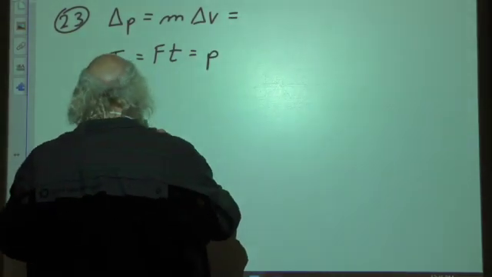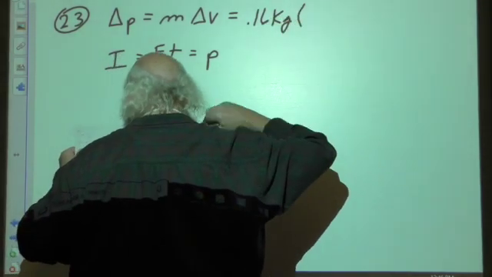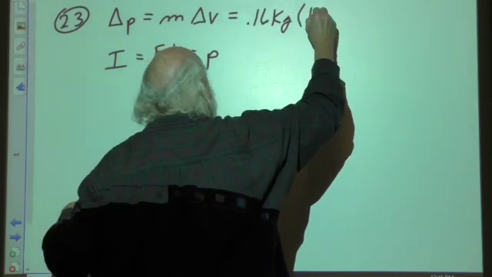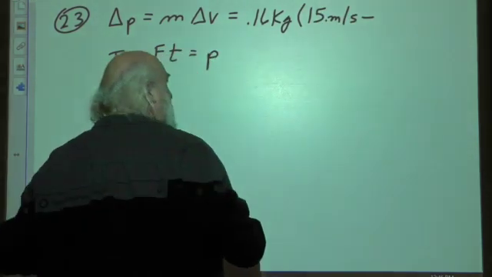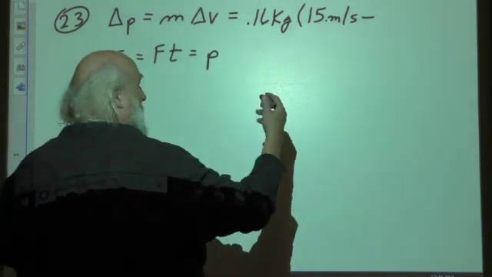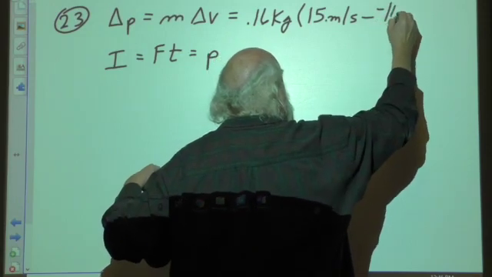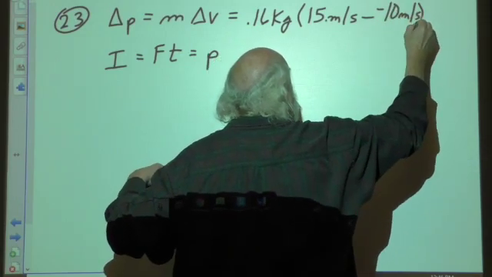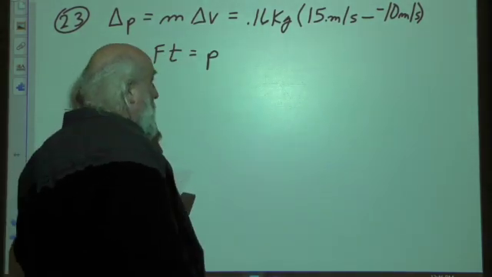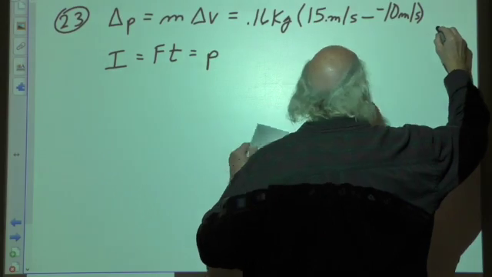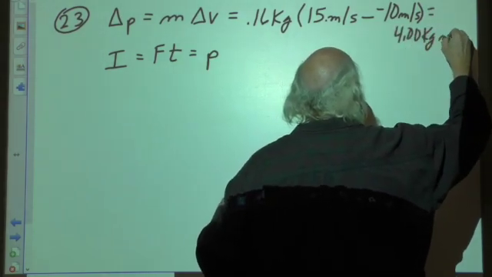The mass of the baseball is 16 kilograms, and the change in velocity: it's being thrown at you at 15 meters per second, then you bunt it, and it's going in the opposite direction. The velocity, which has to have direction, will be negative, and comes back at 10 meters per second. When we do this, we get 4 kilogram meters per second.